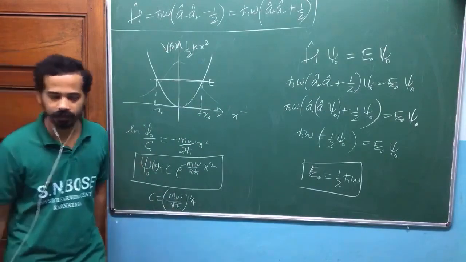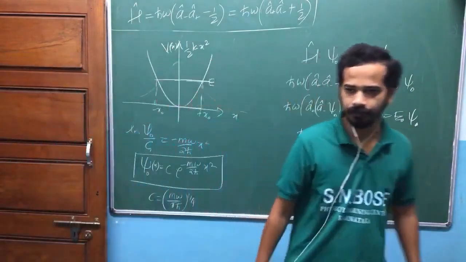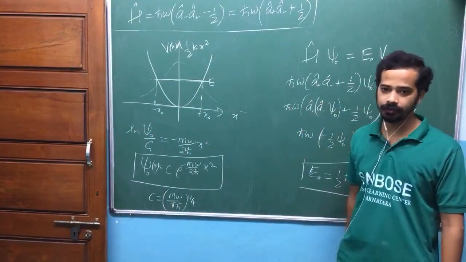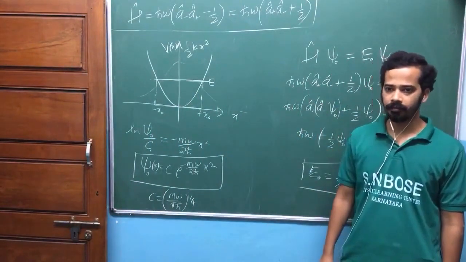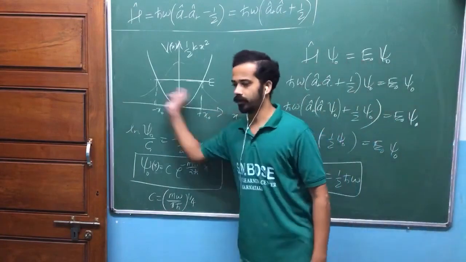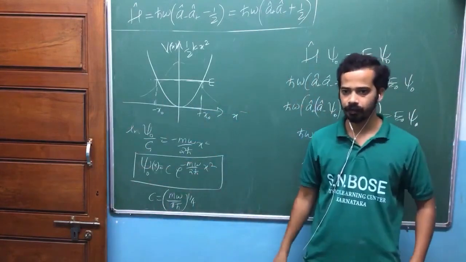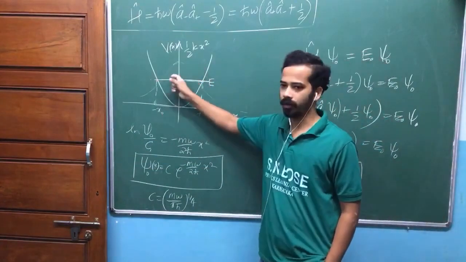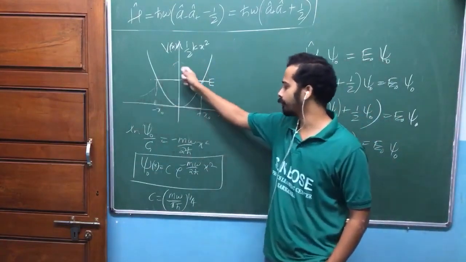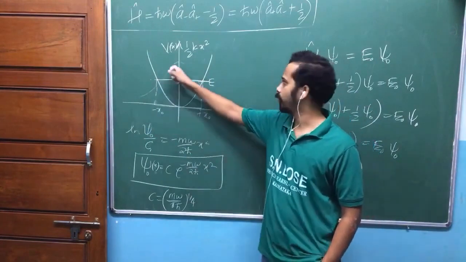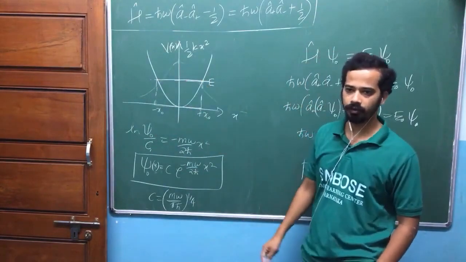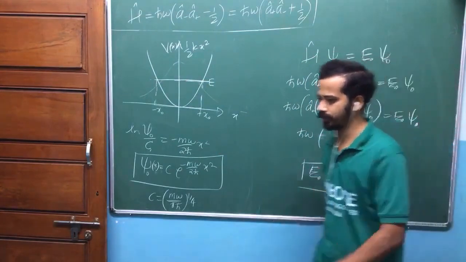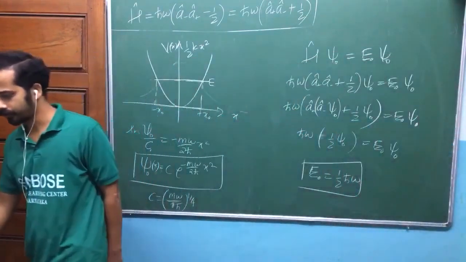The range of the potential is minus infinity to plus infinity. The potential goes to infinity only at infinity, that's why the particle cannot exist at infinity. But the particle can exist anywhere on the real axis. The probability of finding the particle may be more here. As you can see, it's a Gaussian wave function, maximum at x equal to 0. We shall see much more ideas.